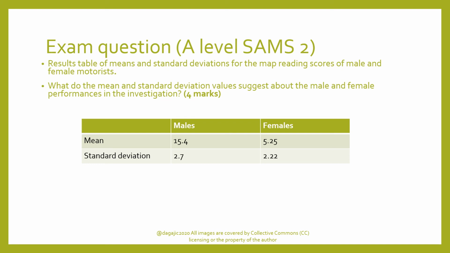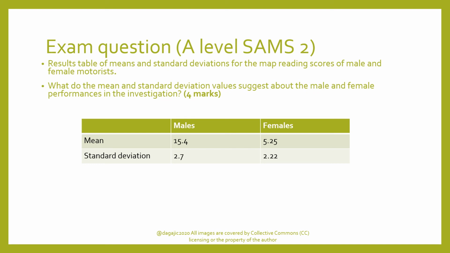So if we look at the table, we can see that the mean for males was 15.4 and the mean for females was 5.25. So what does that suggest? Well, that suggests that in this study, males scored higher on map reading skills than females.